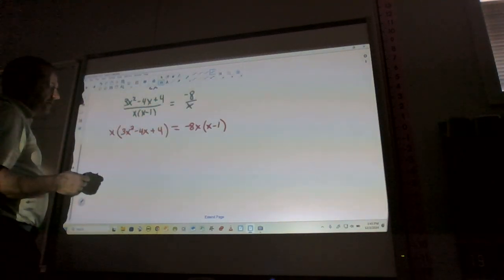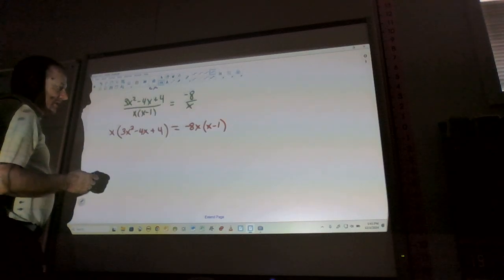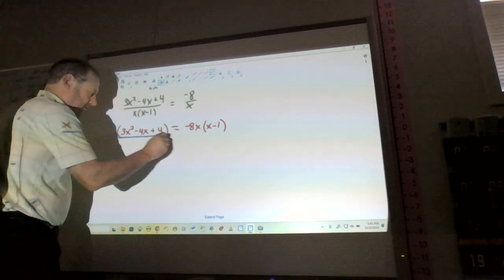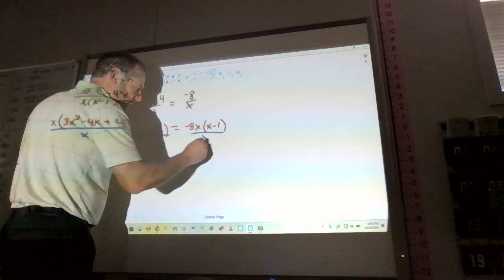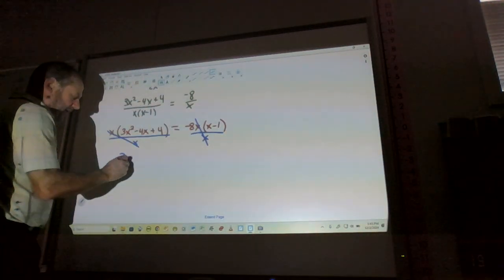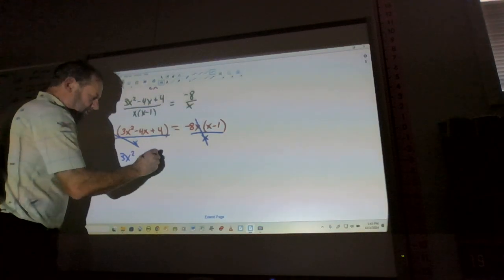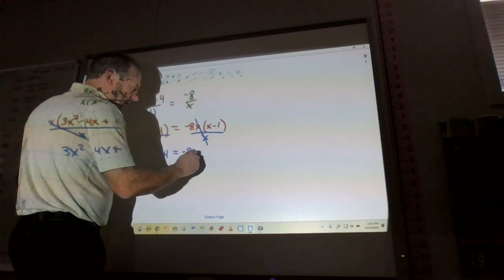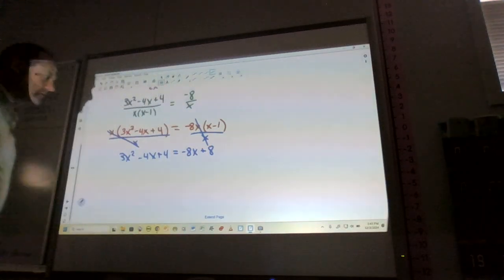And then, let's see, I could divide both sides by x. That's going to make those go away and those go away. I'm going to get 3x squared minus 4x plus 4 equals negative 8x plus 8.